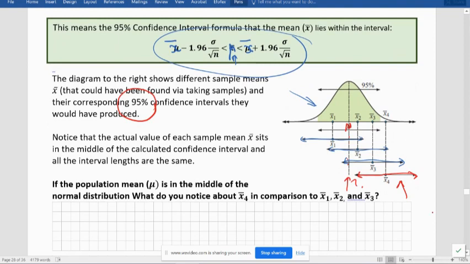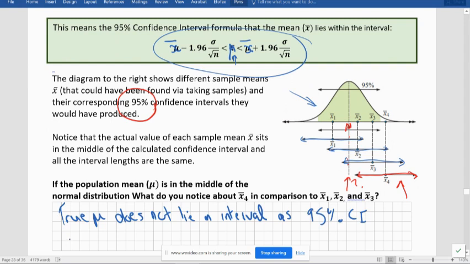Okay, so we need to answer this question below here. It says, what do you notice about X4? So we can just say the true mean does not lie in the interval, as a 95% confidence interval does not contain the true mean all the time.